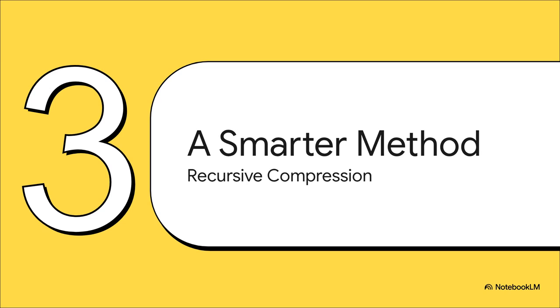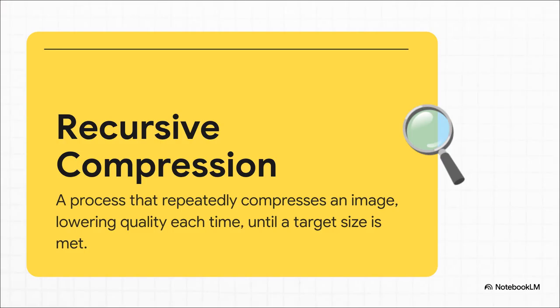Okay, but what if there was a better way, a much smarter method that could guarantee the perfect file size every single time? Well, this is where our hero enters the story: recursive compression. Now, I know it sounds a little technical, but the idea behind it is actually beautiful in its simplicity.